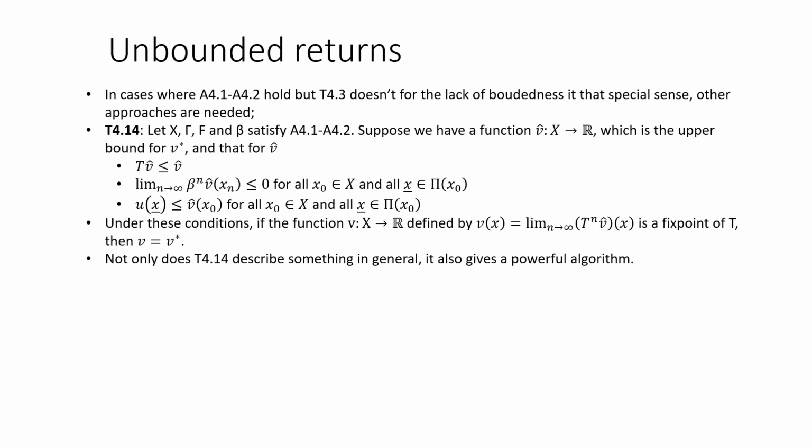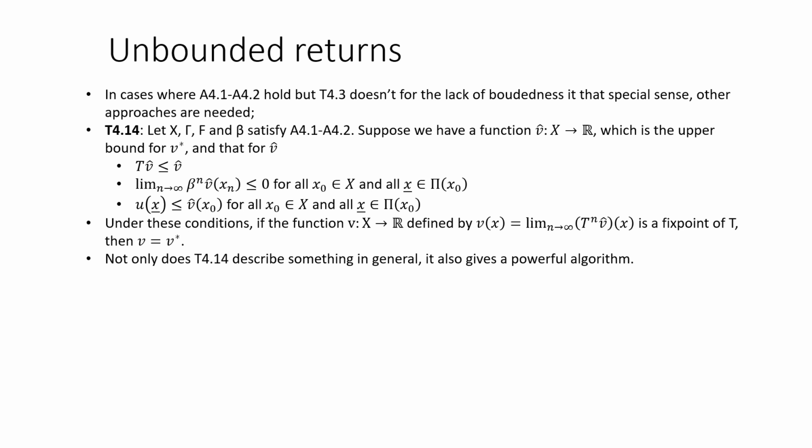Okay, last but not least, let's have a look at the case of unbounded returns. Sometimes it happens that assumptions 4.1 and 4.2 hold, but Theorem 4.3 doesn't. It means that assumptions 4.1 and 4.2 ensure that the supremum function satisfies the functional equation.